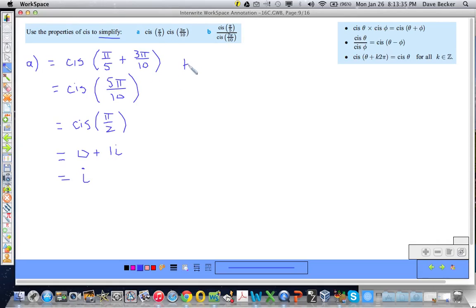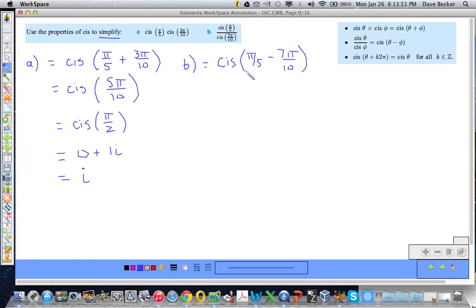What about this one? Like our rules of exponents, this is equal to cis of pi over 5 minus 7 pi over 10. Everybody okay? Good.